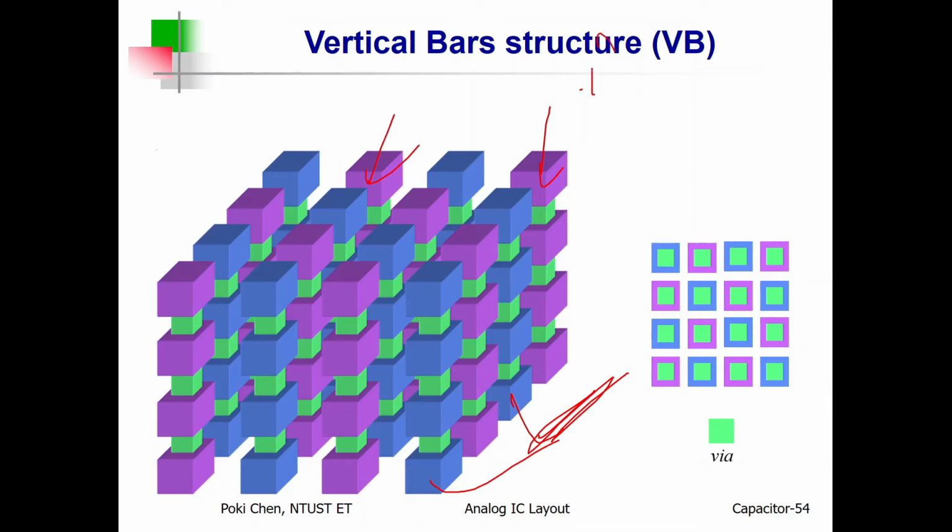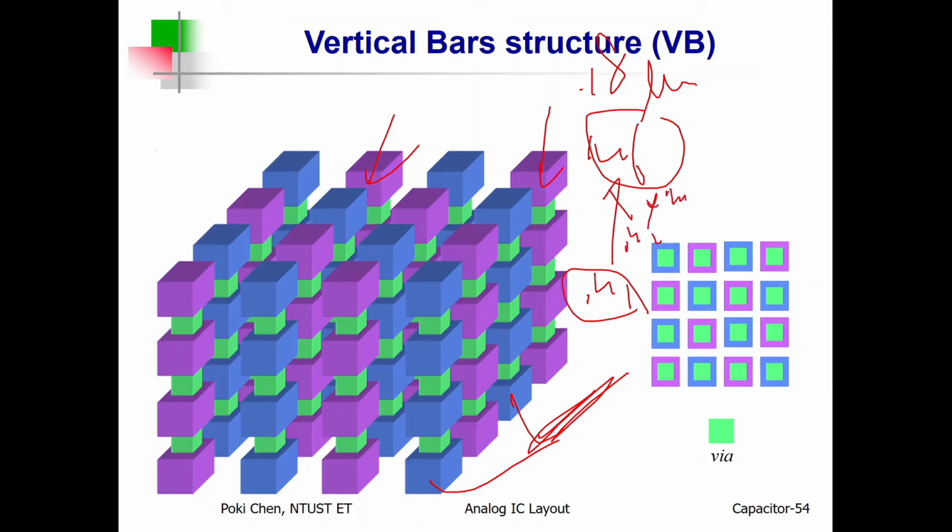So for the 0.80 micron process, we have only M1 all the way to M6, right? M1 for blue bars, M6 for purple bars. So actually, you have only M2 to M5, only 4 layers out of 6 are realizable for vertical bars.